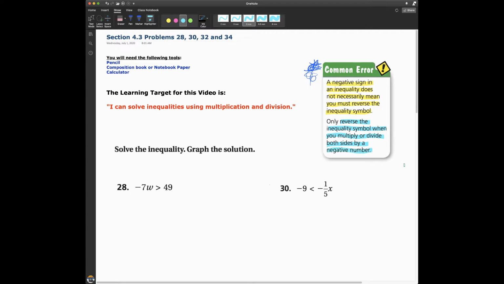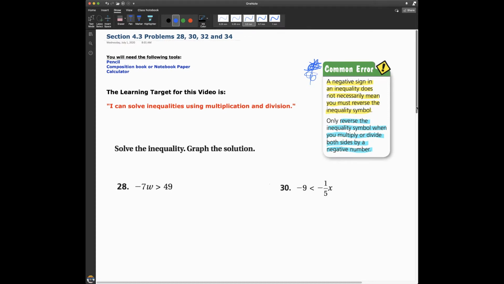If you multiply or divide both sides by a positive number, if you add a positive or negative number, or you subtract a positive or negative number, you leave the sign alone. Don't change it. Only when you multiply or divide both sides by a negative number will you change the inequality symbol and reverse it so it goes the other direction.